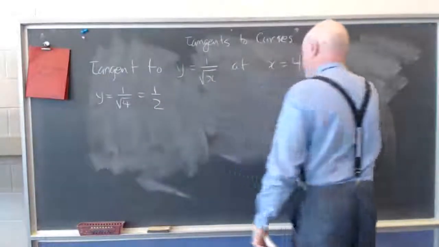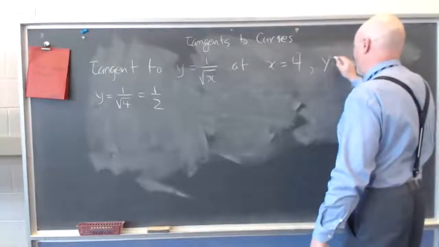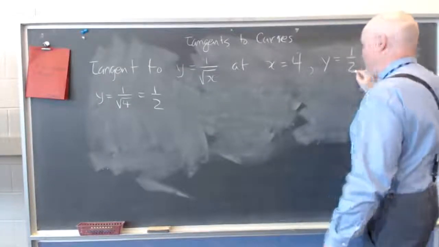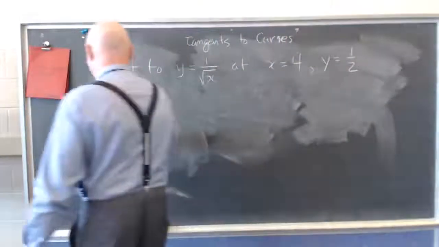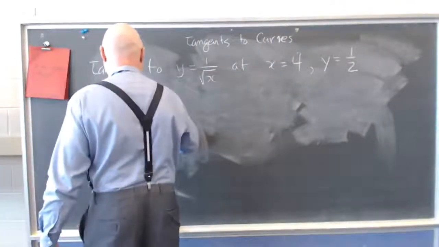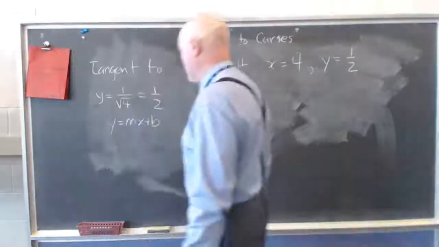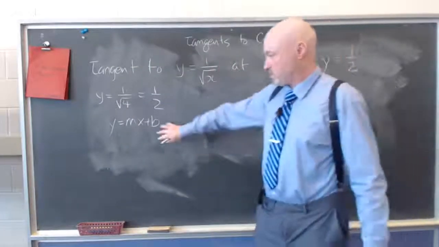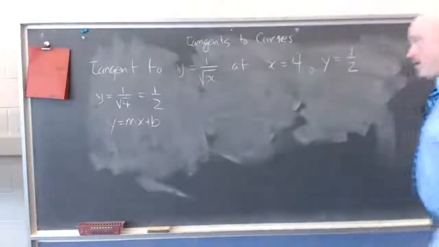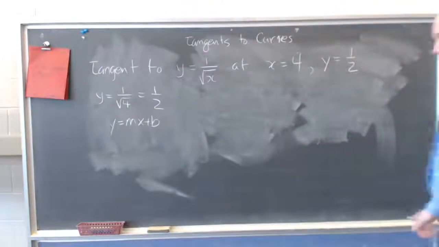It's going to be at x equals 4 and y equals 1/2. If we wanted to put this in y equals mx plus b format, now we have our y and we have our x, but we don't have our b or our m. How are we ever going to find one of these two things?